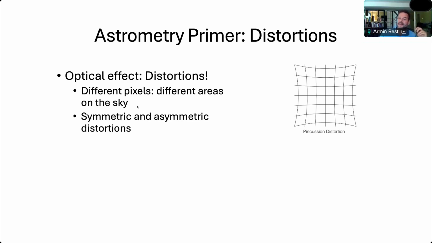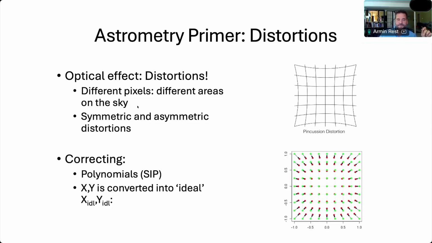Lots of times it has, to first order, a pincushion distortion that looks like that. This is a typical distortion caused by camera lenses. And you also have second and third order effects, so there can be symmetric and asymmetric distortions.